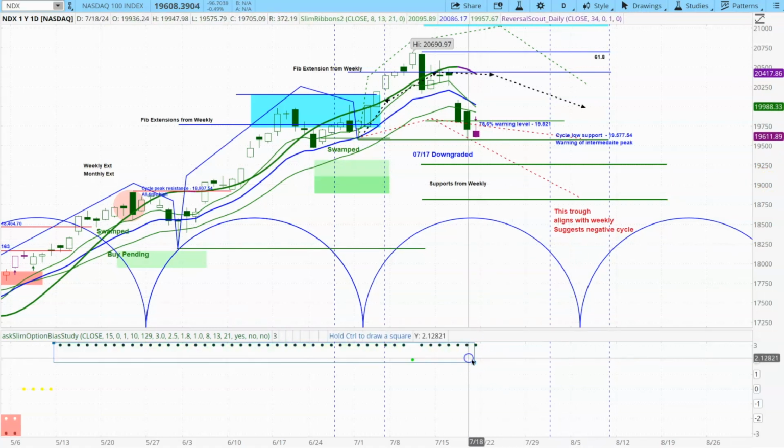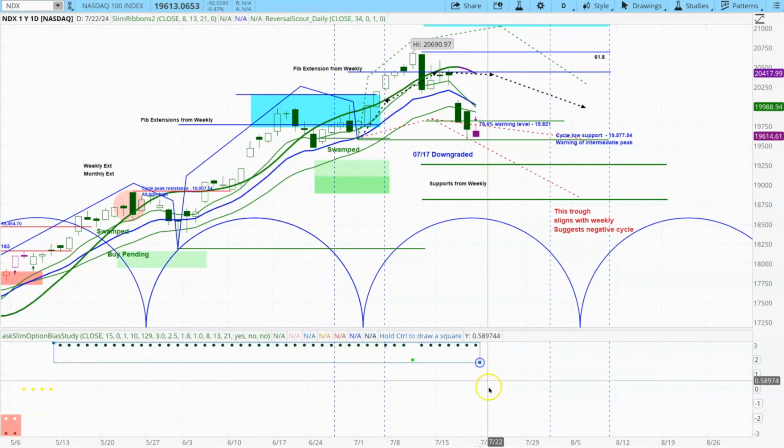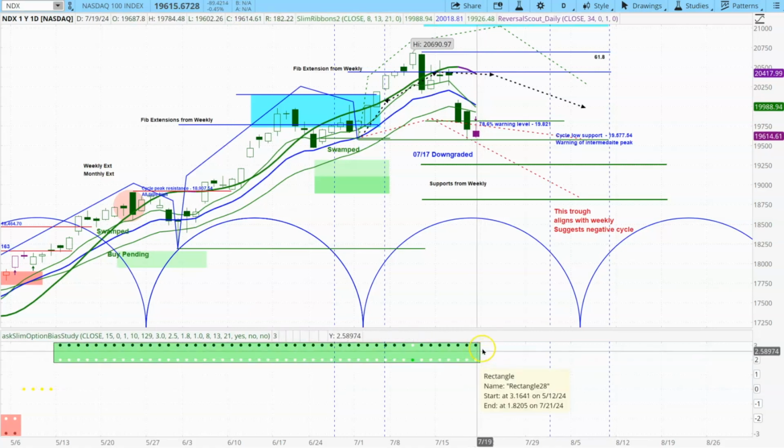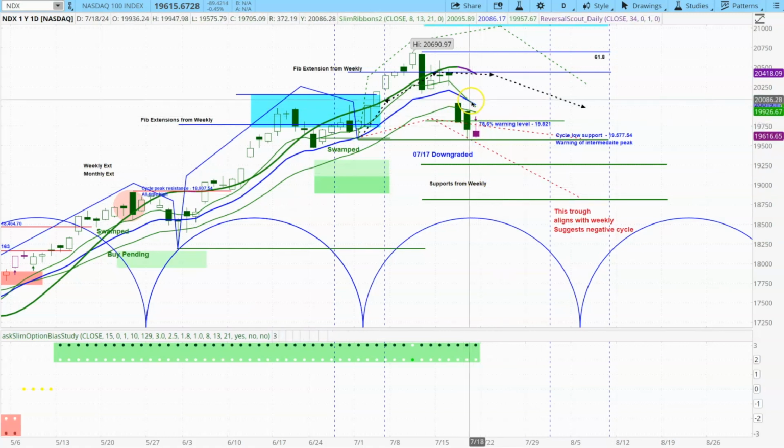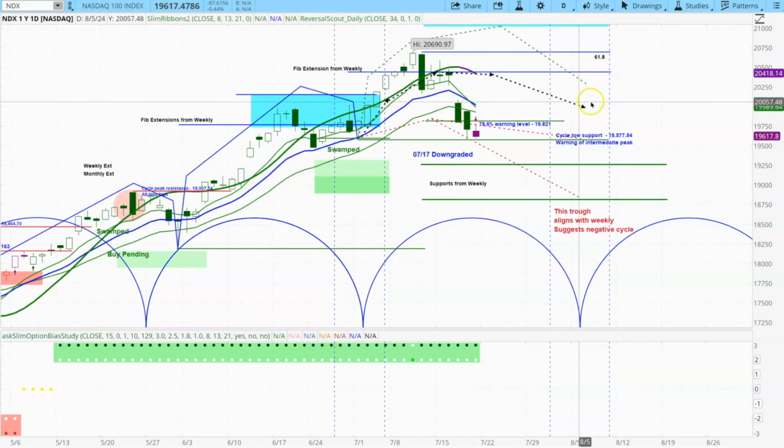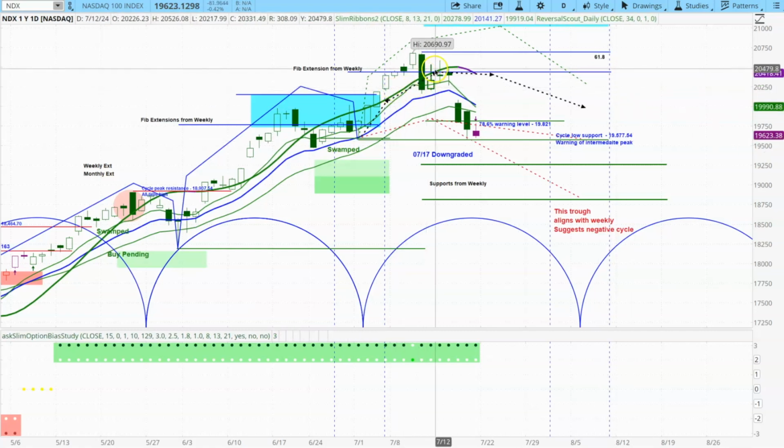You'll also see right in here that this is still bullish, but I think it's about to lose it. And the slim ribbon right over here has now had a crossover. So for those of you that are members, take a look at the momentum indicators, and here you could see it turning over right there on the reversal scout, and that's telling you that the momentum conditions are changing to the negative.